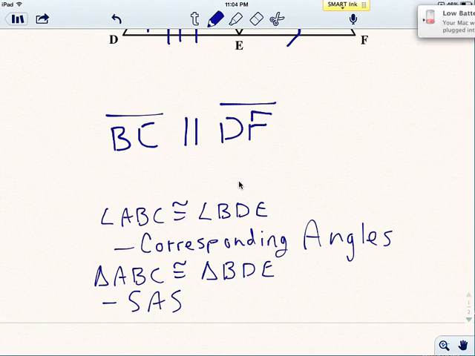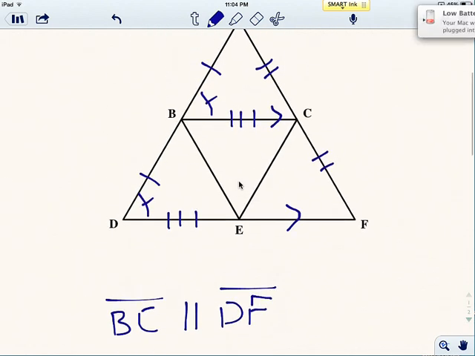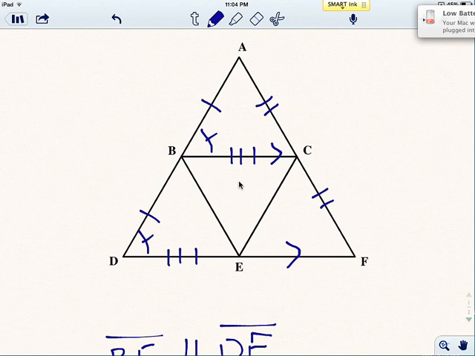Okay, so how could I possibly prove that? Well, if we think back to the stuff that we learned last class, remember we had that thing called a mid-segment, and a mid-segment was when we drew a segment between the midpoints of 2 sides. And if we think about what a midpoint is, let's look at this side, so AD. Well, the midpoint of AD would cut AD into 2 equal parts.